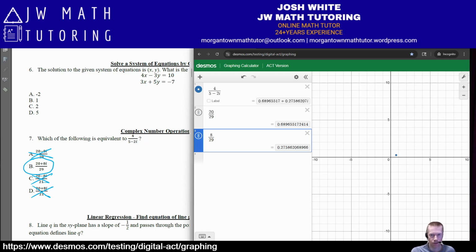Notice it matches the coefficient we have for the i term here. If these work out to nice whole numbers or easy, recognizable fractions, then you wouldn't have to do this work. But if they don't, you might have to take a little extra time to confirm which answer is equivalent.